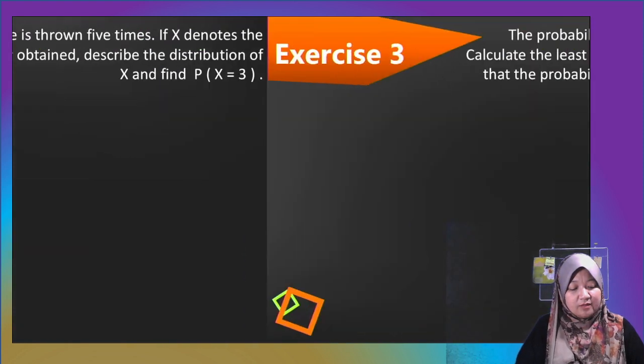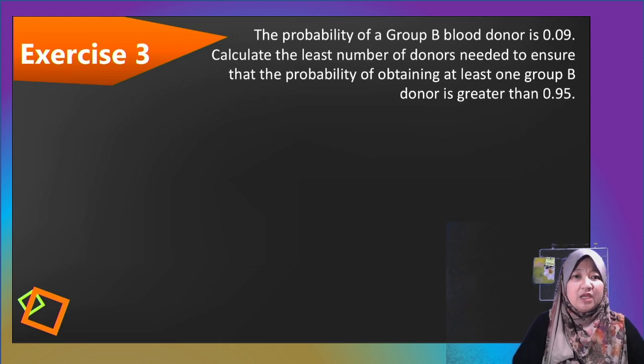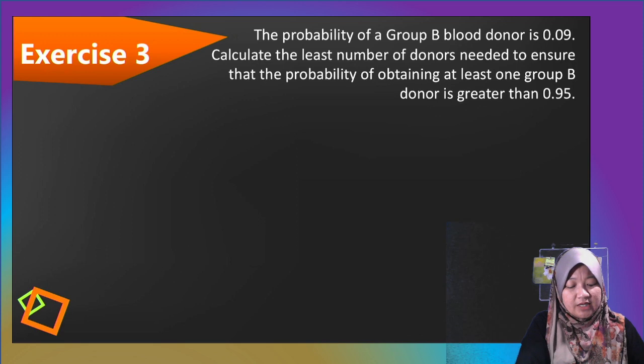Okay, next example. The probability of a group B blood donor is 0.09. Calculate the least number of donors needed to ensure that the probability of obtaining at least one group B donor is greater than 0.95. Okay, apa yang disebut dekat sini? Dia kata tentang group B blood donor.